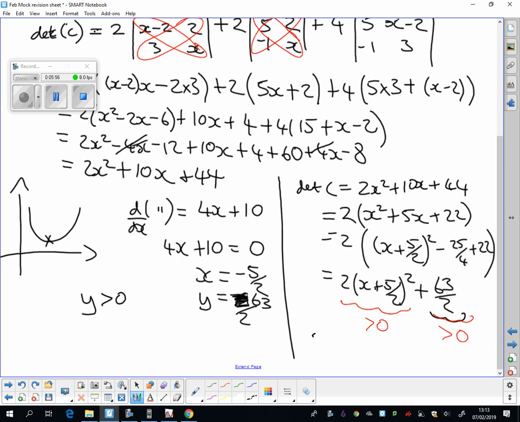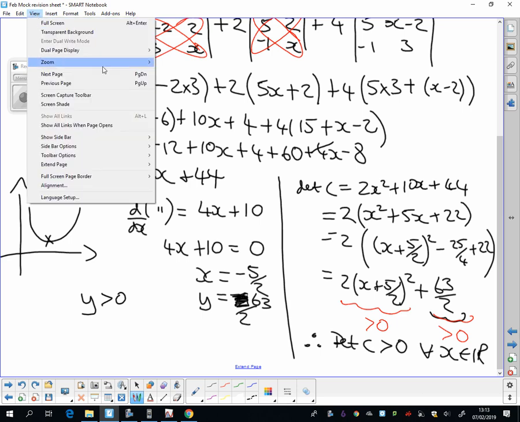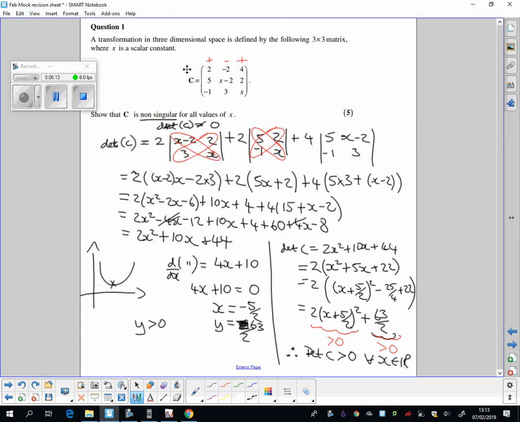So therefore, determinant of C is greater than 0 for all real values of x.